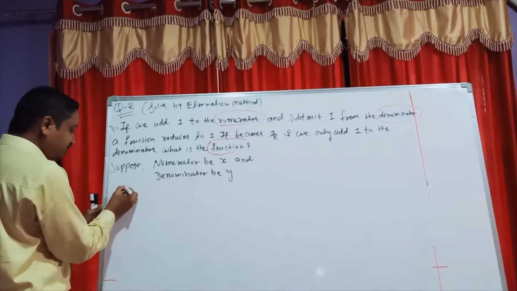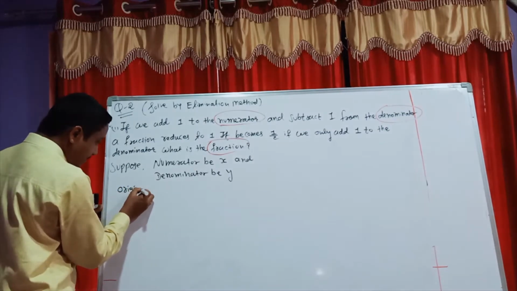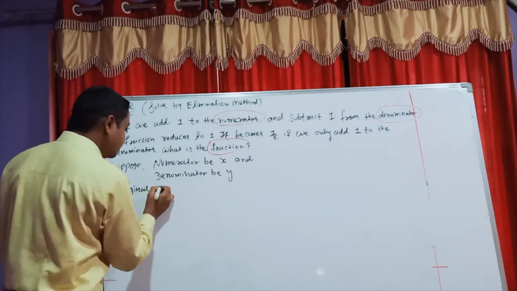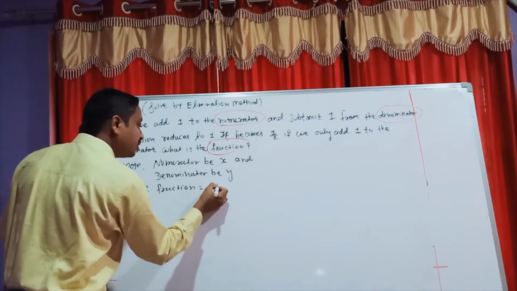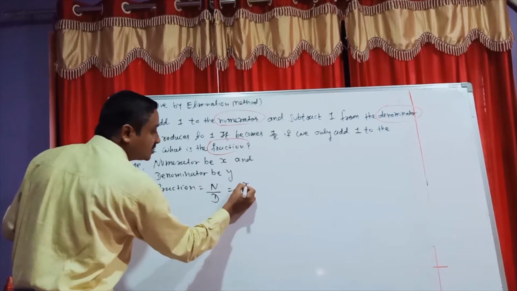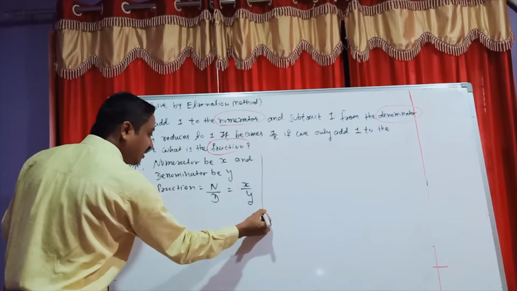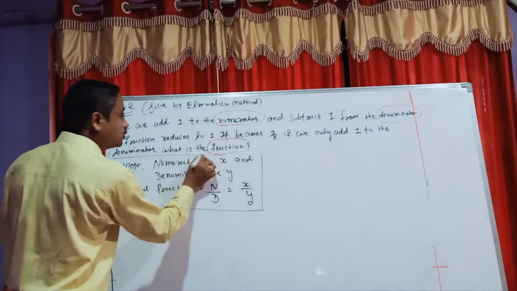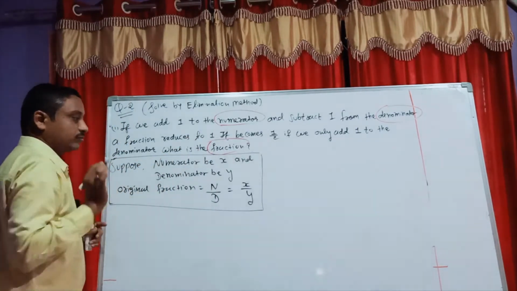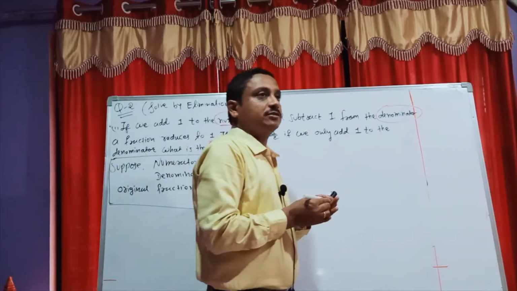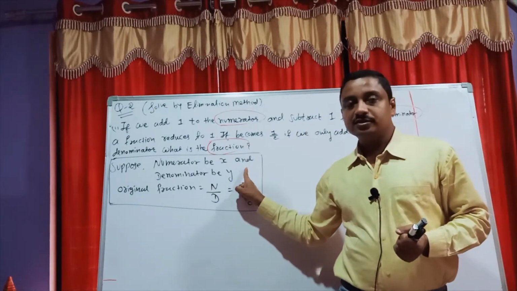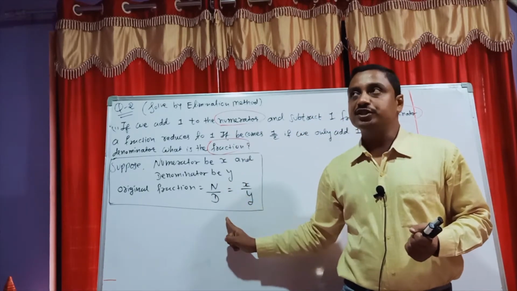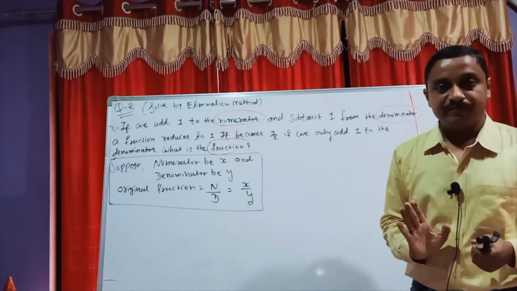So what is the original fraction? Always numerator by denominator. It means x by y. Use this data in this solution. So before starting this sum, prepare your numerator x, denominator y, and the fraction is x by y.